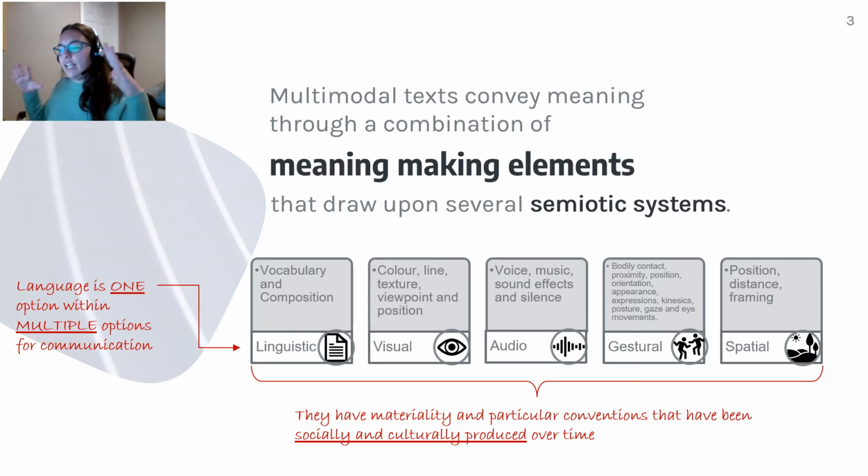The linguistic semiotic system is not the only way in which students can understand something, and it's not the only way in which they can represent something or be evaluated about some form of knowledge.